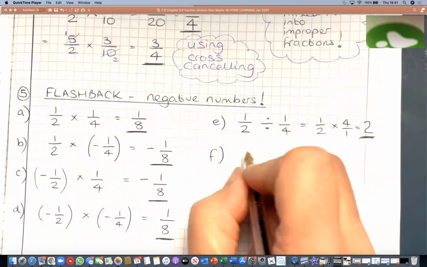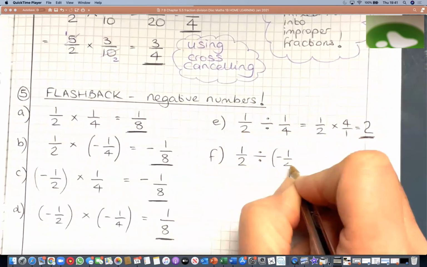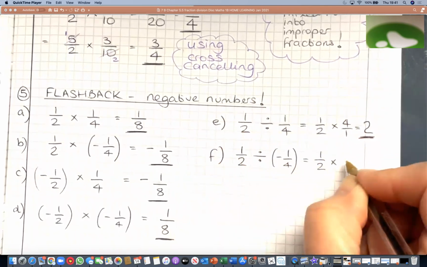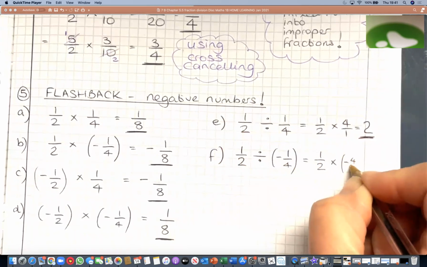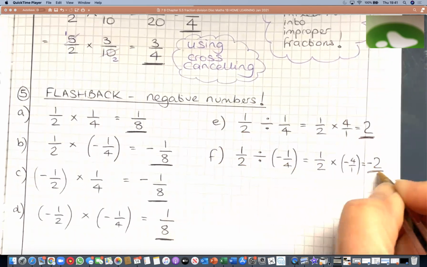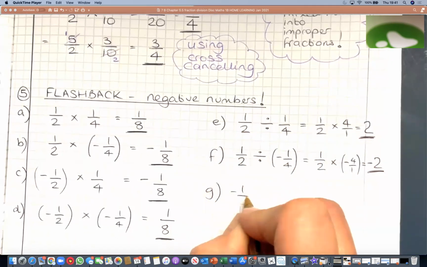For F, this time I've got a 1/2. I'm dividing it by a negative quarter. It's the same as saying 1/2 multiplied by a negative 4/1, which is going to give me negative 2. For G, you get the picture now.